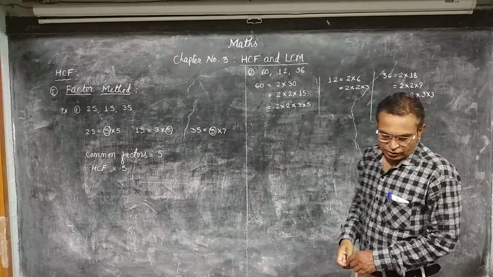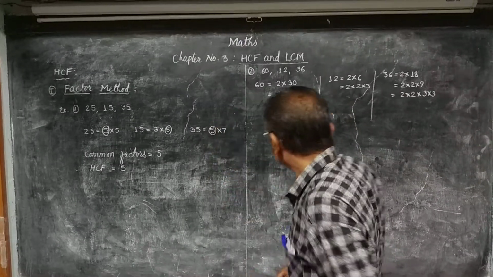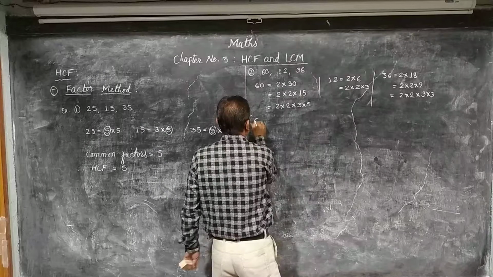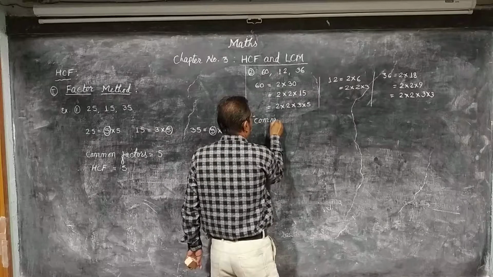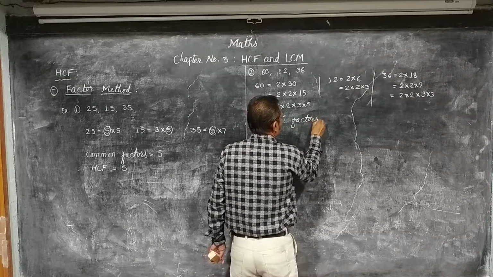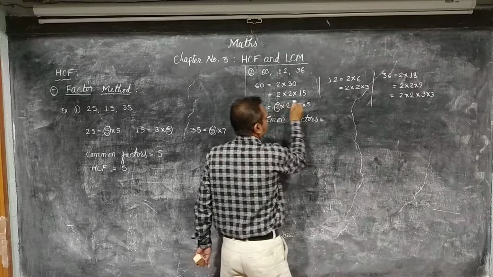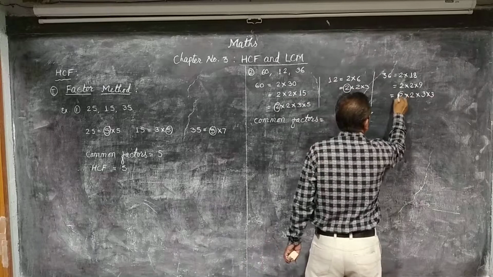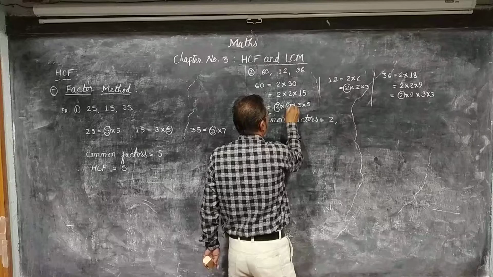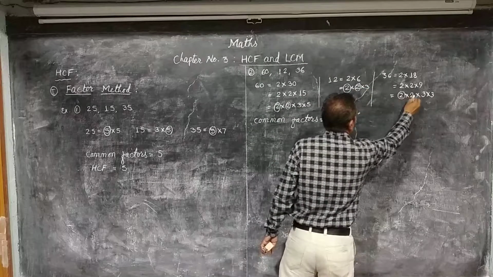Now find the common factors. Here is 2, here also 2, 2. Again 2, 2, 2.